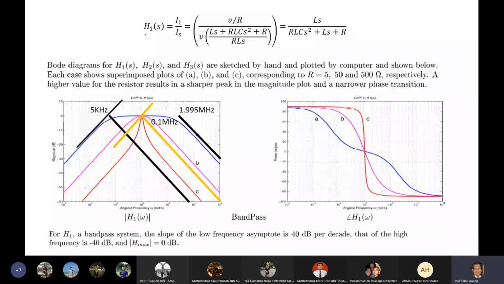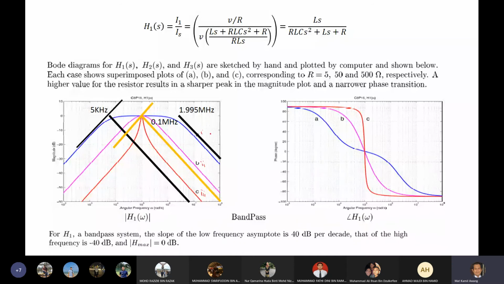For the first one, H of 1, this A, B, C, this one is 3, this one is 2, for the R value.